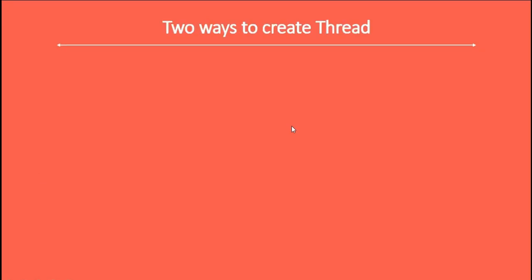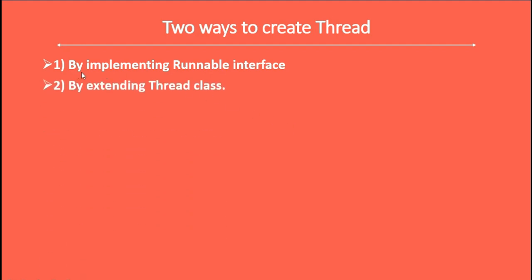There are 2 ways to create threads in Java. The first way is by implementing the Runnable interface, and the second way is by extending the Thread class. In this video tutorial we'll learn a lot about creating threads using these 2 ways. Here are the topics that we will be covering in this video.